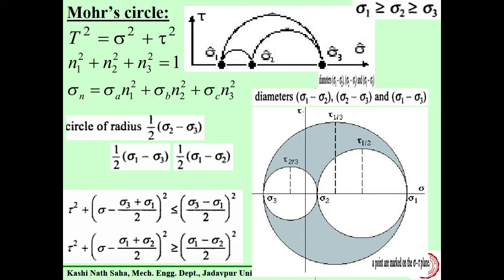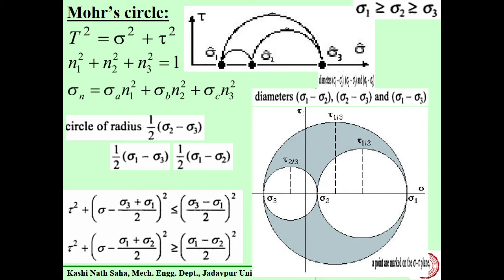But out of that, this particular value, (sigma 1 minus sigma 3)/2, is the maximum radius that is possible. So a value greater than that is not possible. Is it clear? Now, what is the region? It is less than. So whatever region we are having inside this circle, that is the possible region. Clear?